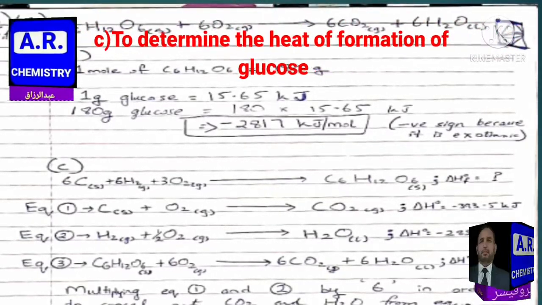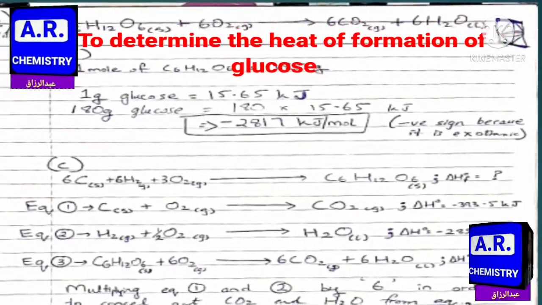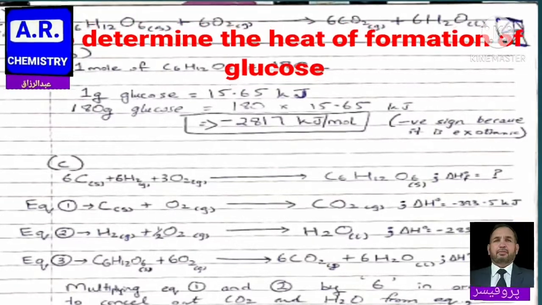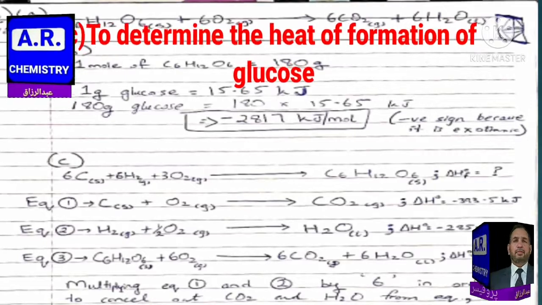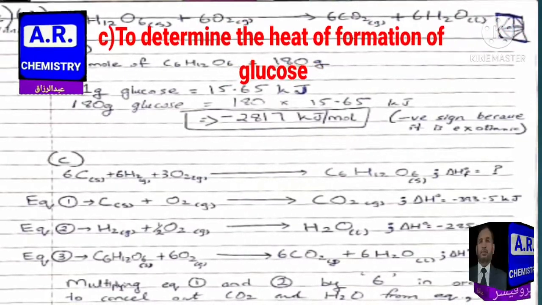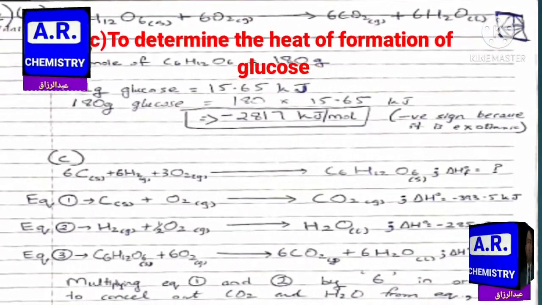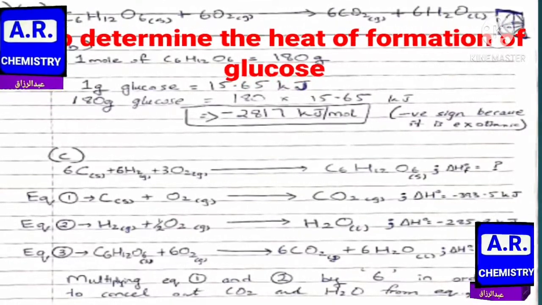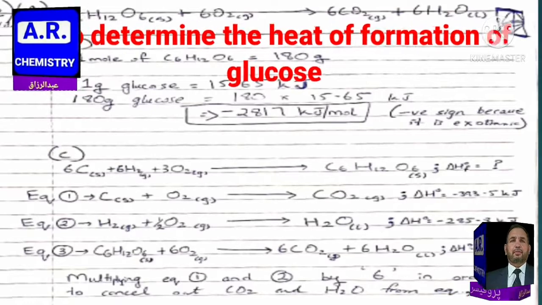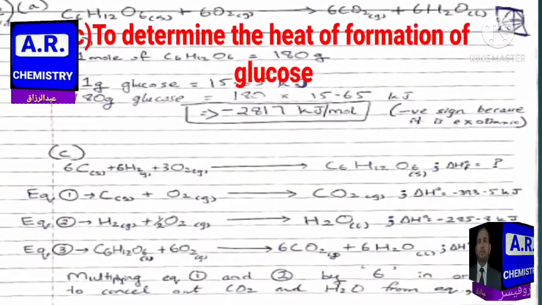Part C is you are to determine the heat of formation of glucose. For such a question, you are first of all to write the target equation. Heat of formation is the heat released under standard conditions when 1 mole of the compound is formed from its elements.